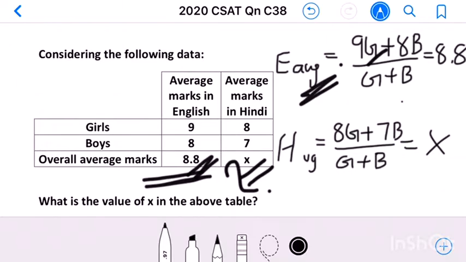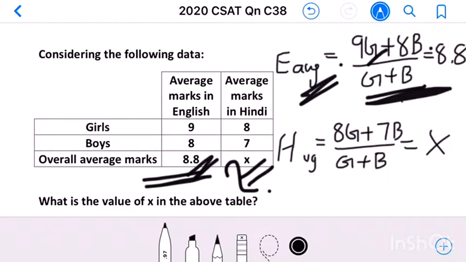Let us take number of boys equal to B. Then 8B, we get total marks obtained by the boys in English. Then total number of students in that class, G plus B, we get average marks 8.8. 9G plus 8B all divided by G plus B, we get 8.8 overall average marks.